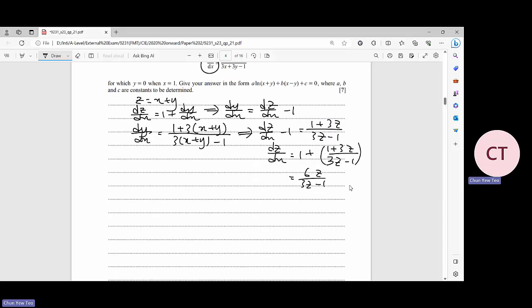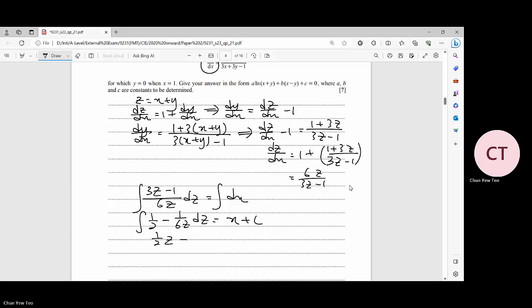In order to solve this differential equation, we do separable variables: (3z minus 1) over 6z dz equals integrate dx, which is x plus c. Integrate this, we split them, then integrate again, and you get this. Then I change z back to x plus y.